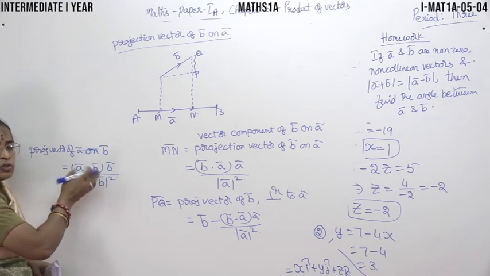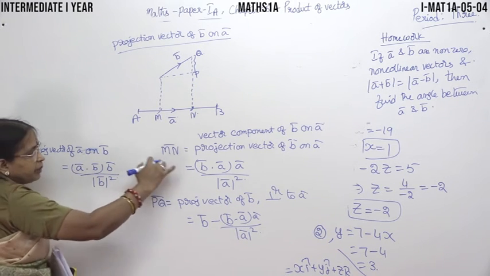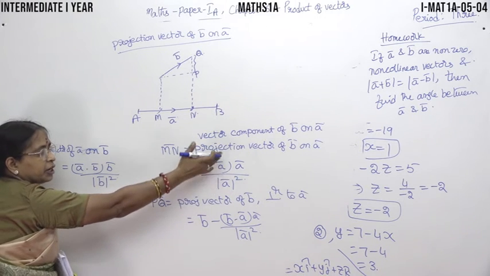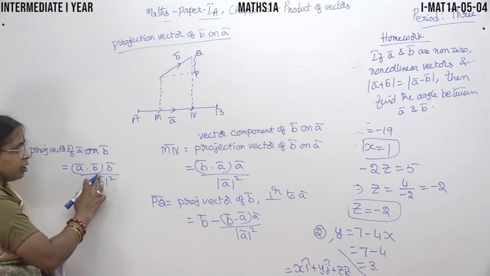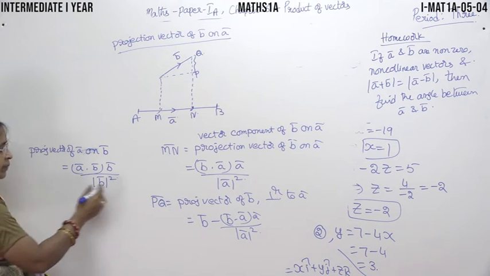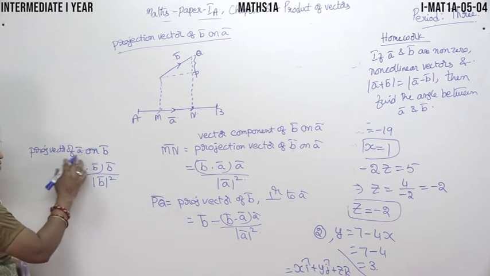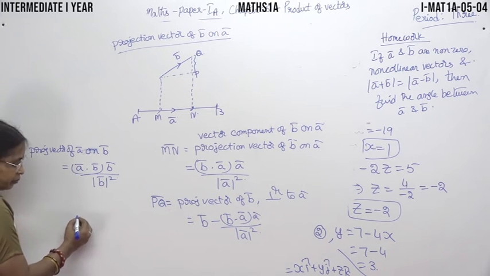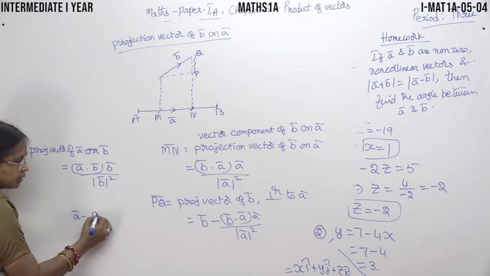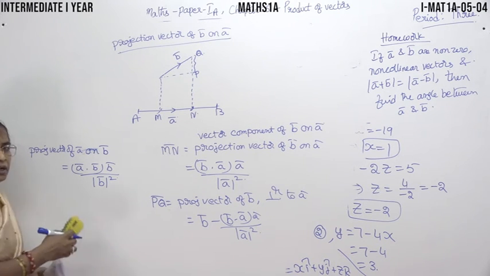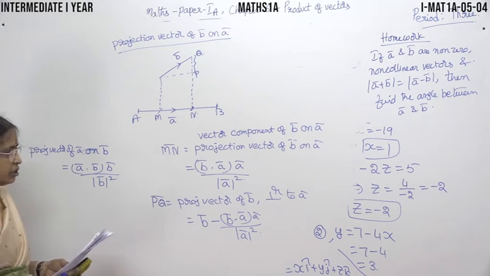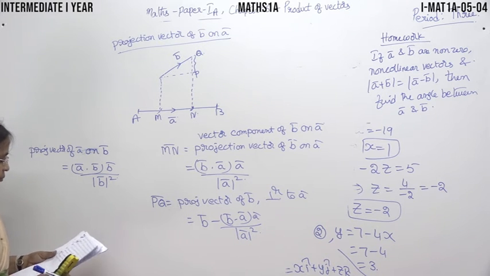When it is B on A, it is B dot A into A by mod A square. When it is A on B, it is A dot B into B by mod B square. And similarly, the projection vector of A perpendicular to B will be A minus (A dot B) into B by mod B square. Like that we write the formula. So learn these formulae, then we can do some problems.